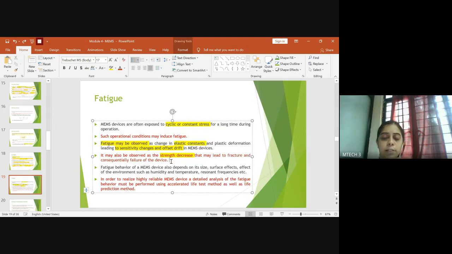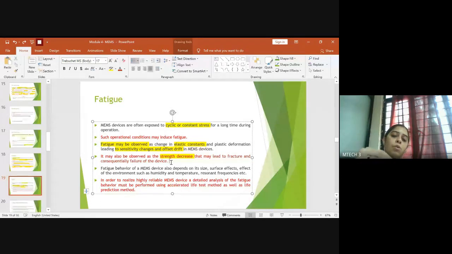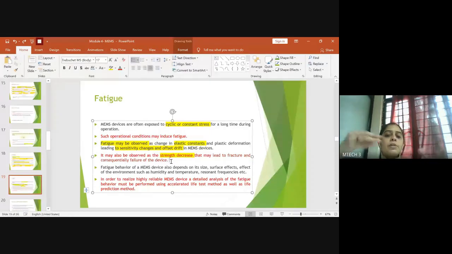You should not at all let the MEMS device be subjected to fatigue. Once it is in a fatigue condition, the strength of the material will be reduced. So even if you apply a load which was feasible for that device, it won't be able to withstand it because the strength has been reduced.